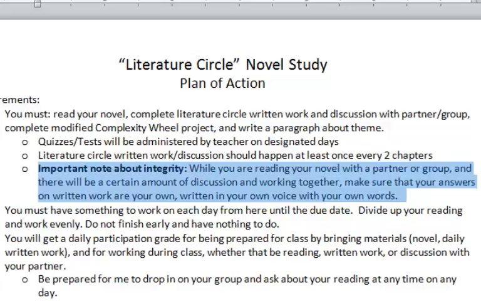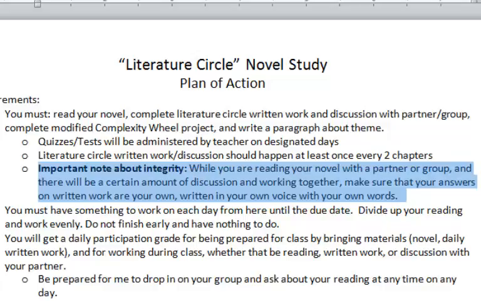Yes, you will be discussing the book with your partner. You can even talk about specific questions together. But you shouldn't be one person writing the answer, the other person copying. You shouldn't say, let's say this, and then both have the same answer.